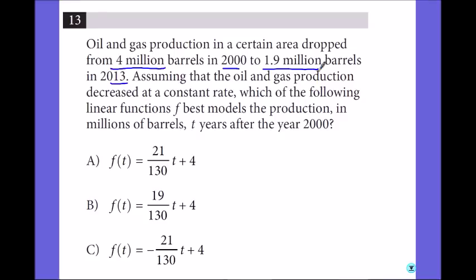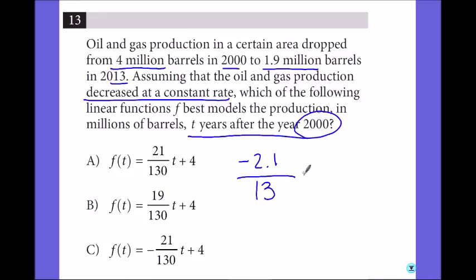Assuming that the oil and gas production decreases at a constant rate, so linear, what will the rate of change be? It dropped from 4 to 1.9, so it's minus 2.1, right? And it took 13 years.